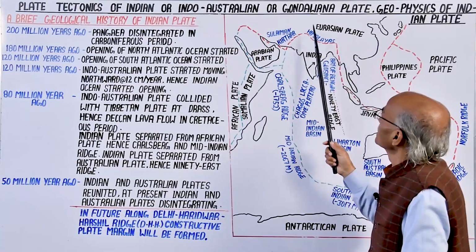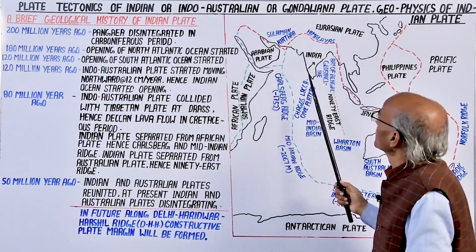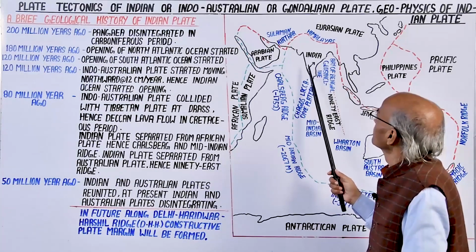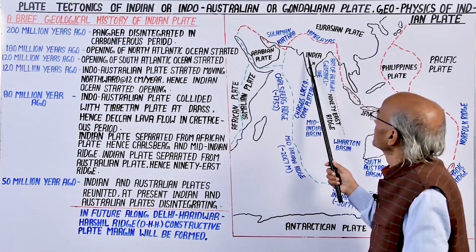Gondwana plate, because it is also called the Gondwana plate on the basis of the tribe Gond found in Maharashtra and MP.